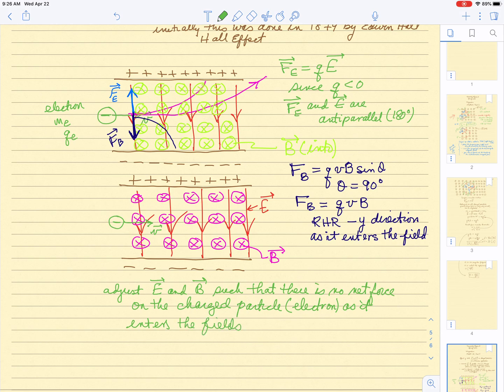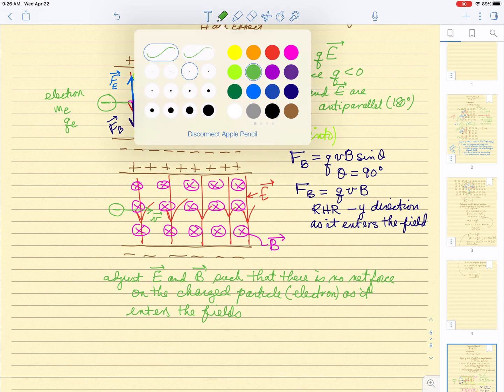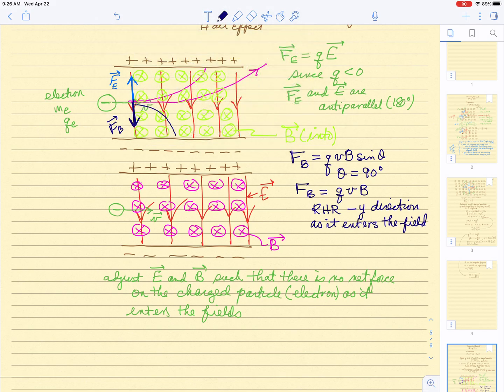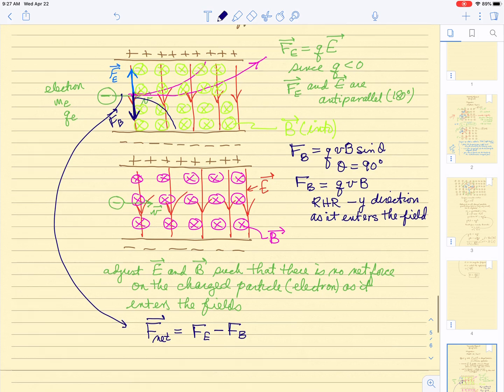Okay, so what we're going to have then is a situation where, given this figure from above, F net is going to be F electric minus F magnetic.